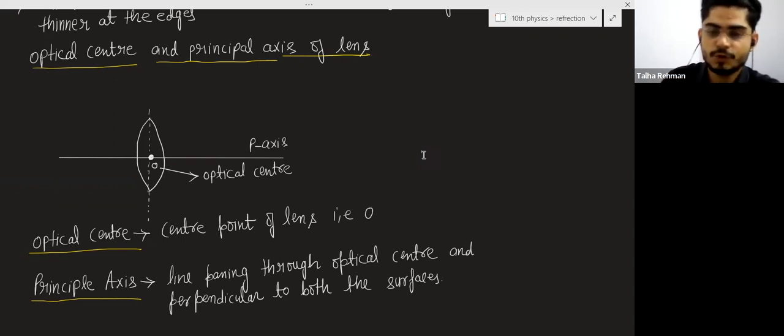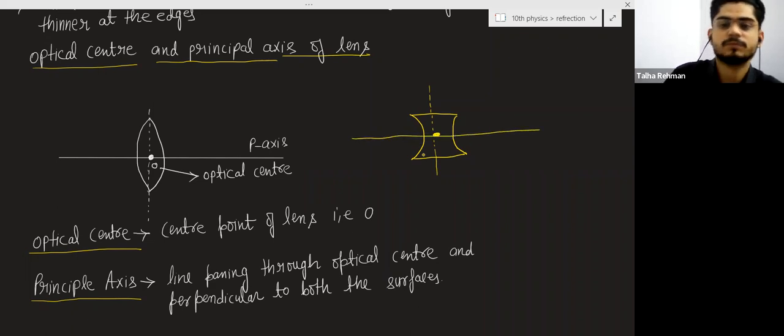And if you want to make the optical center and the principal axis for the concave lens, then you can draw like this. This is a concave lens. And center of this, and this is the principal axis. So optical center.